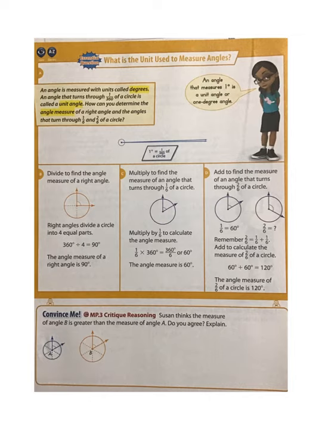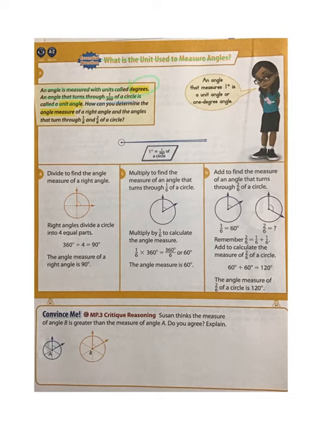What is the unit used to measure angles? An angle is measured with units called degrees. An angle that turns through 1 out of 360 of a circle is called a unit angle.